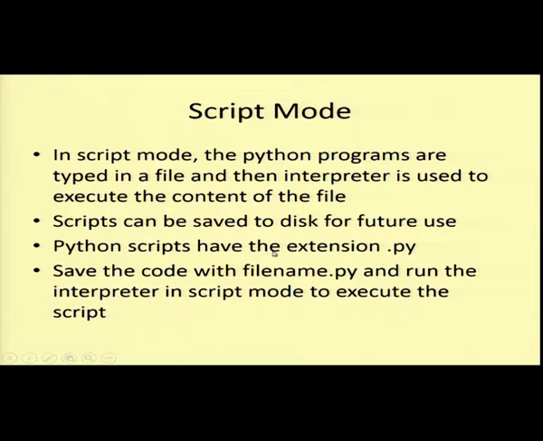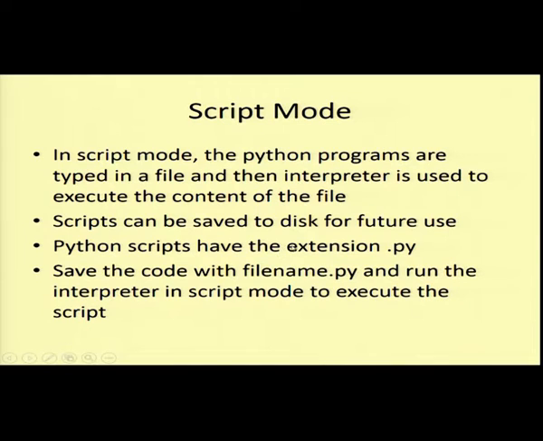So the Python scripts have the extension of .py, and you are supposed to save the code with the proper file name .py and execute or run the interpreter in script mode to execute the script.